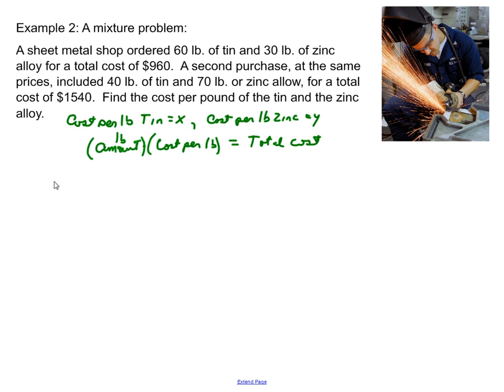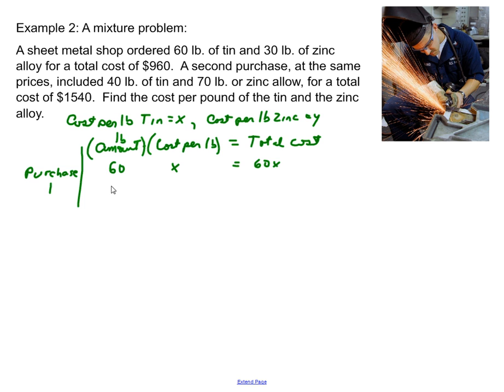Right, so let's look at it. Let's put this down in purchases. So let's look at purchase one, the first purchase of metal. What did they do? Well, in purchase number one, they took 60 pounds of tin. So we've got our tin at a cost of X dollars per pound. We don't know how much that is, but its cost is 60 times X dollars.